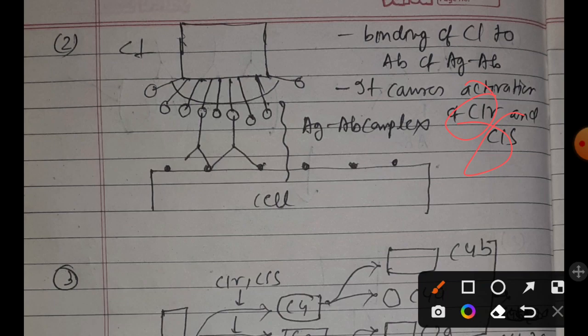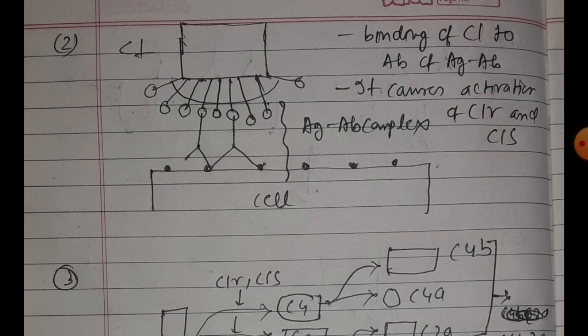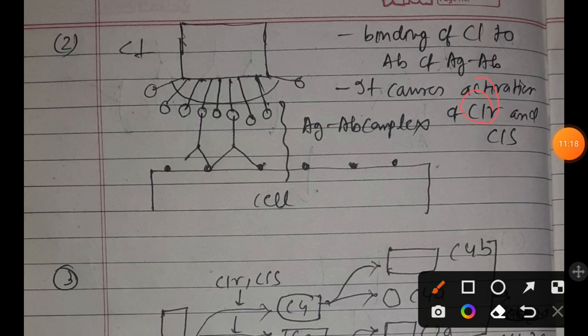Now the C1r, after being activated, will cleave C4, the second component of your classical complement pathway, and breaks it into C4b and C4a.